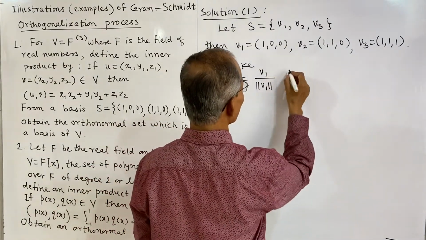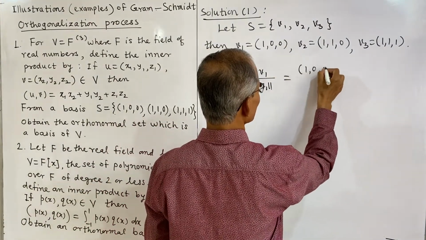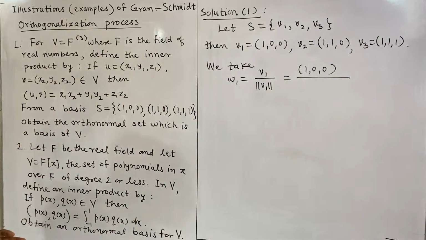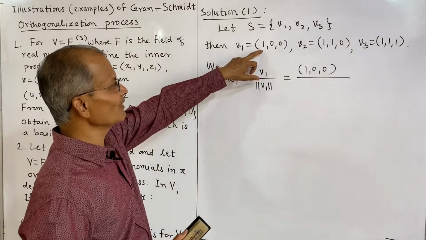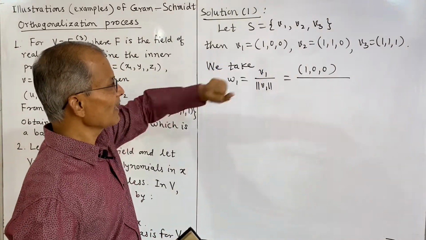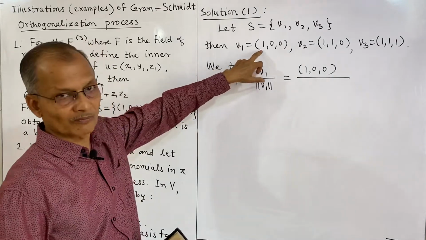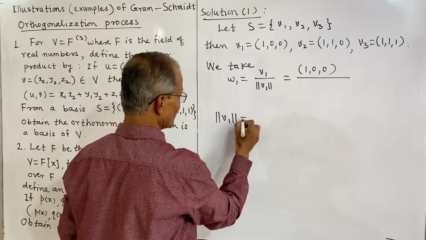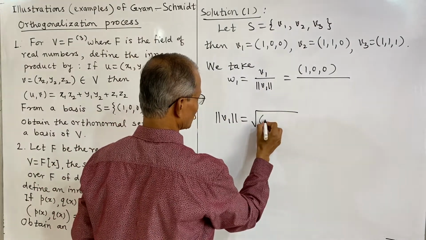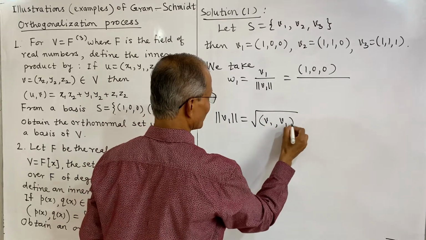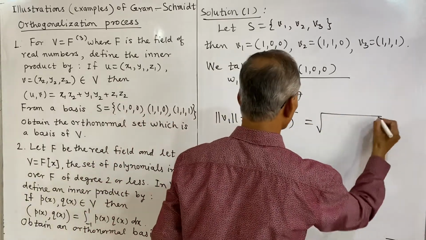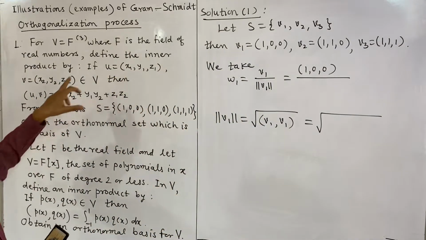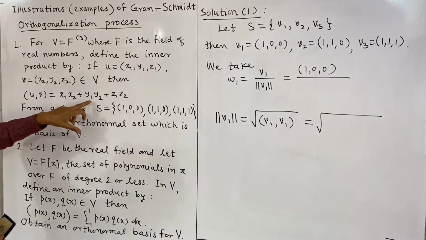What is V1? It is 1, 0, 0, and what is norm V1? Norm V1 is the square root of the inner product of V1 with V1, by definition. And what is the inner product of V1 with V1 by definition? It is component-wise multiplication and their addition.